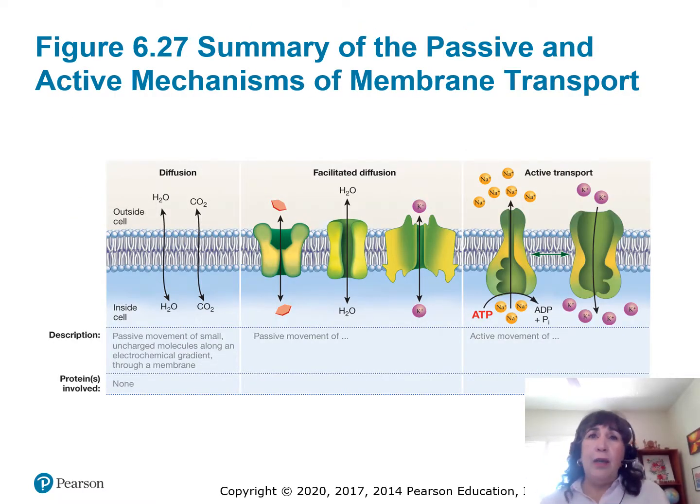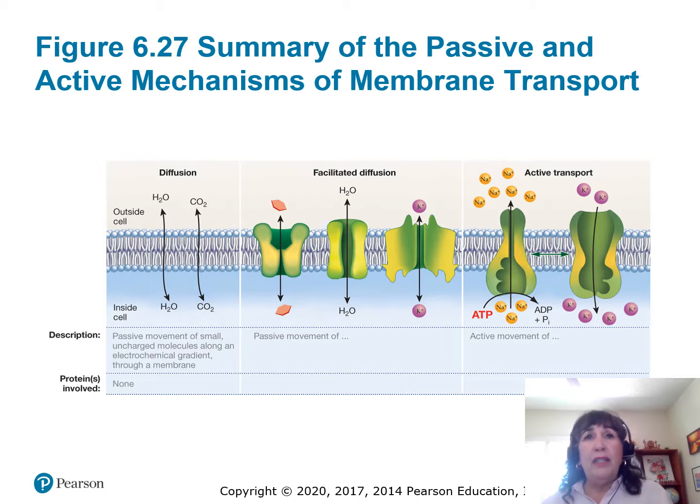I love this summary diagram of diffusion, facilitated diffusion, and active transport. It shows the differences of each one. Remember, diffusion does not require any outside energy. And in diffusion, without a protein, you have the movement of small nonpolar molecules.